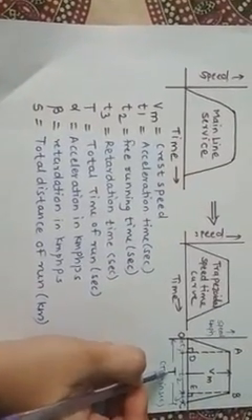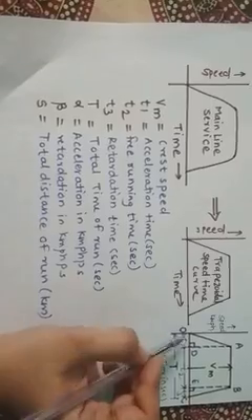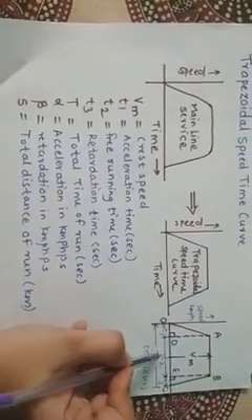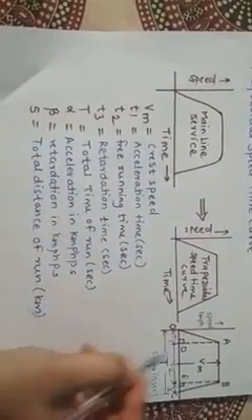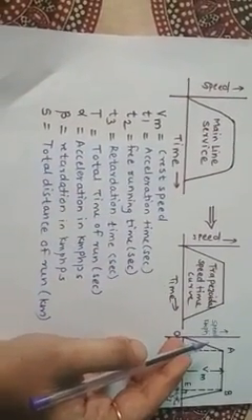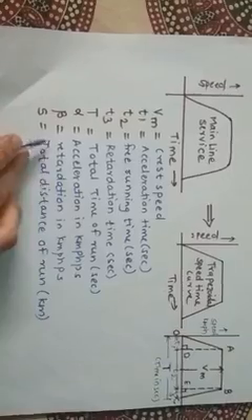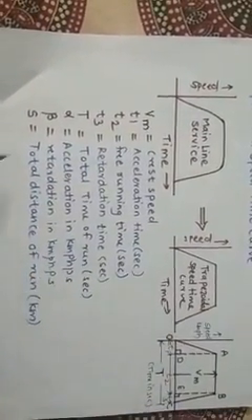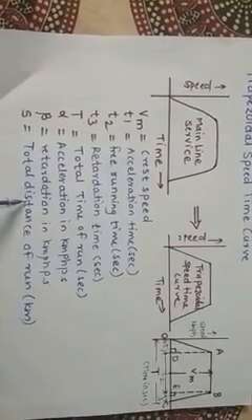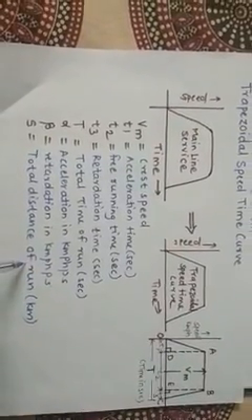Capital T is the total time of run, that is the addition of T1, T2 and T3. Then alpha is acceleration in kilometer per hour per second, beta is retardation in kilometer per hour per second, and s is the total distance of run, which is in kilometer.